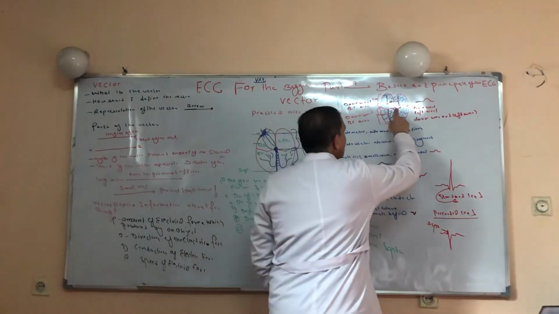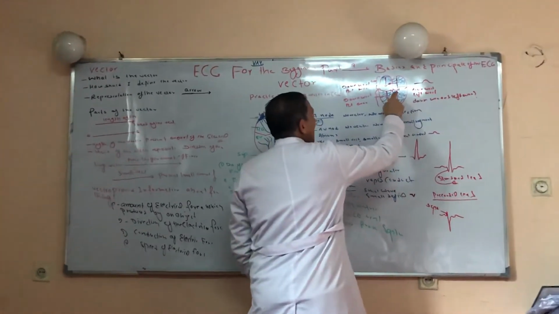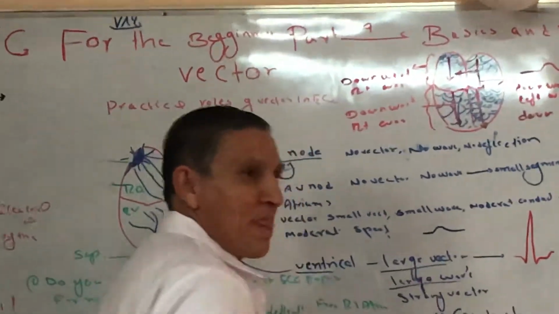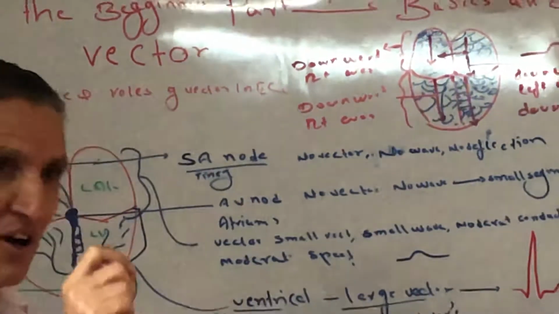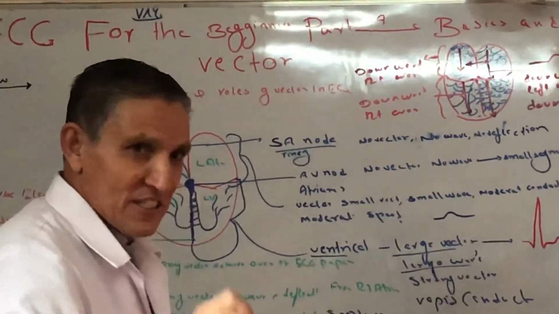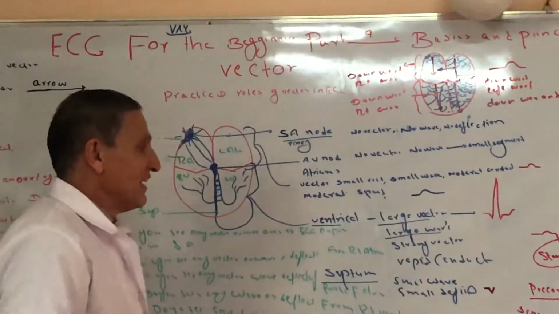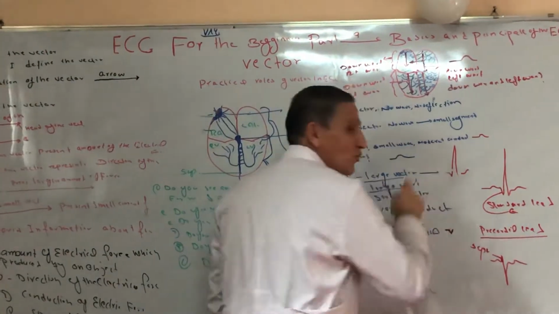In the ventricle, the electrical potential first goes through the left bundle branch, and this left bundle branch stimulates the septum, and the electrical force goes from left to right. The septum is also a small, tiny tissue, but we have a small wave over the ECG paper. In the standard limb leads, this septum is represented by the Q wave.